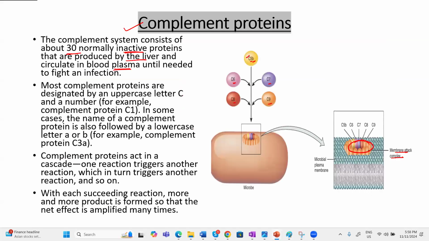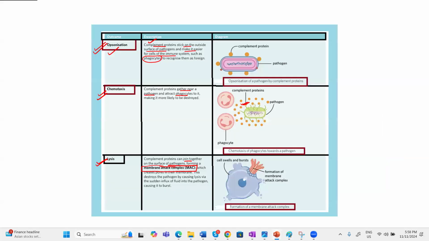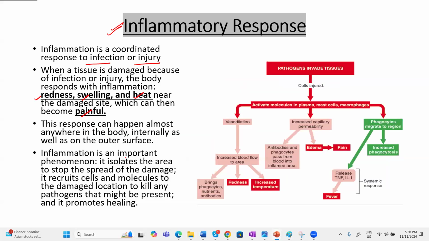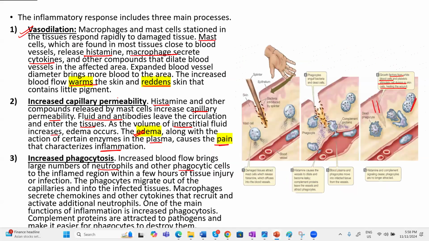Now complement proteins, total 30, are responsible for the cascade effect. That cascade effect can be opsonization, chemotaxis, or lysis. Then inflammation has 3 responses: first vasodilation, then increased capillary permeability, and phagocytosis.